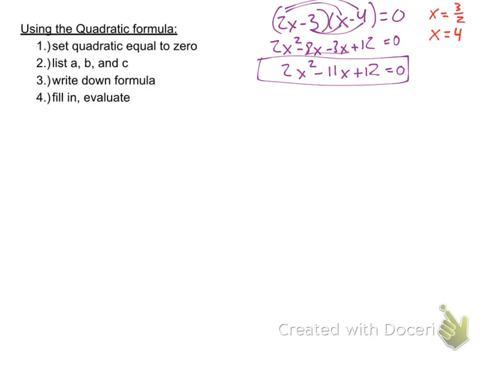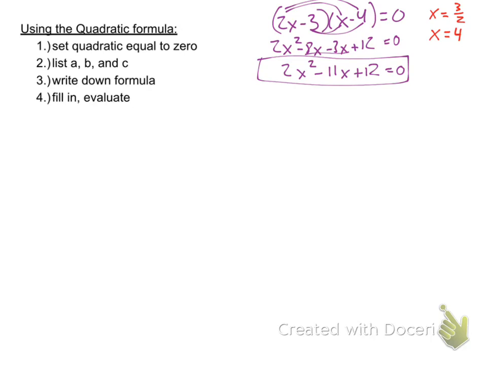I cannot stress enough that when you're using a formula, whether it's quadratic formula, slope formula, point slope formula, slope intercept form of a line, all of those things, always write it down. The way I am listing these steps is a way for us to know what the pieces are and what the puzzle is. And if you know where those pieces go, and you know what the pieces are, then it's just easy to plug them into the right place and be done. You just got to use your order of operations at that point.